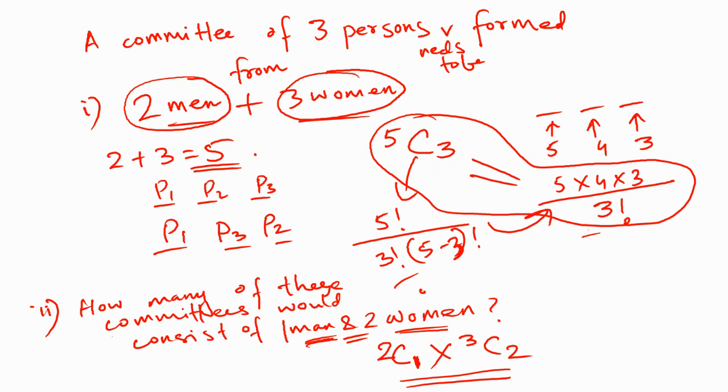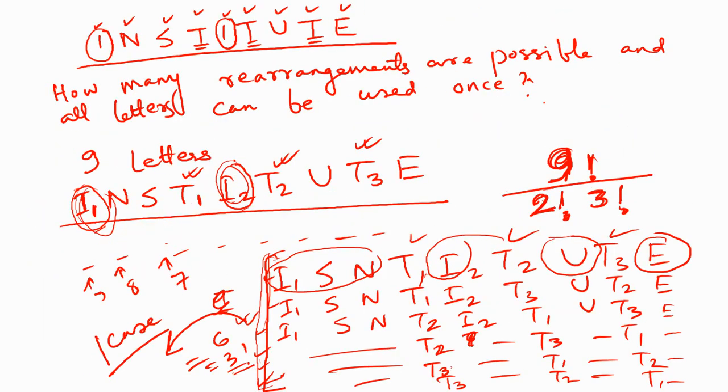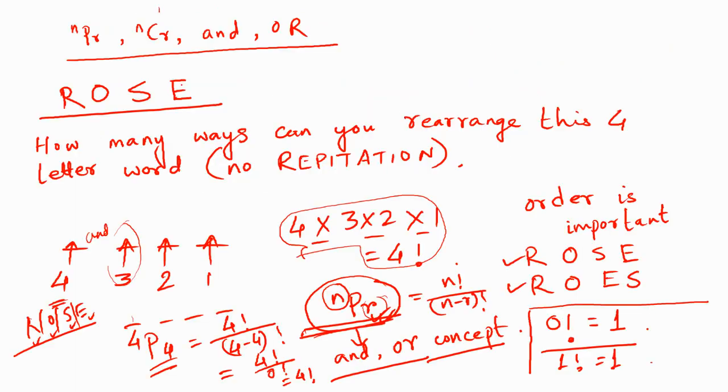So we will build this up a little more right now. It's called circular permutation. The reason I discussed all these problems today is that the four letter word can be rearranged within itself in 4 factorial ways.